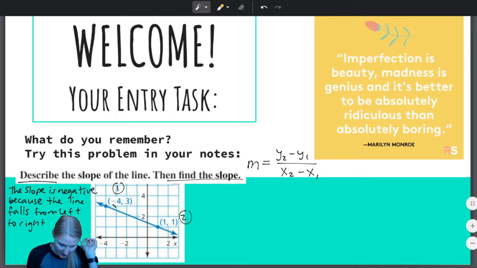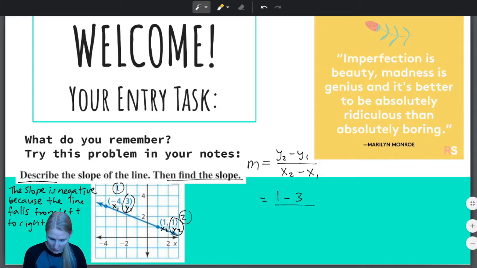That gives us x1, y1, and x2 and y2. So our slope is y2 minus y1 over x2 minus x1.